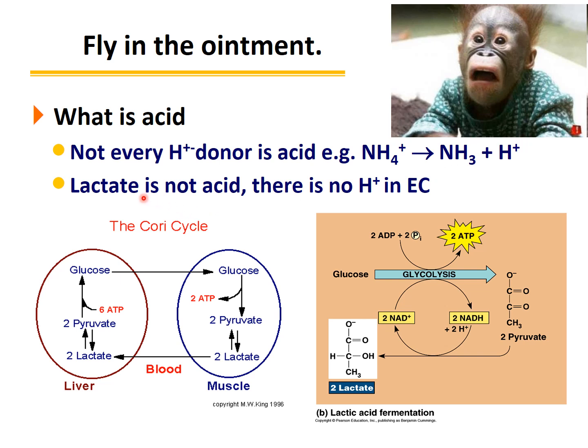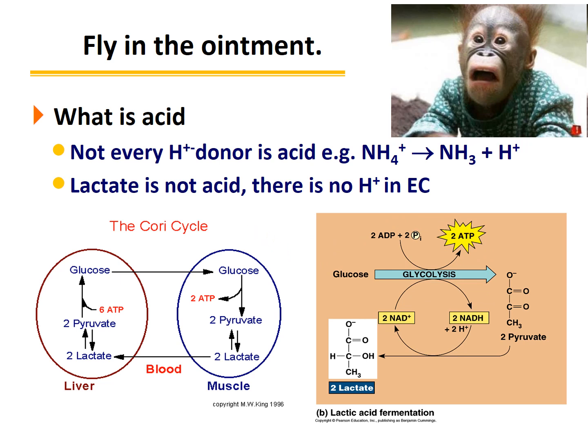Lactate is not an acid, and no proton comes out from the intracellular space to the extracellular space. The lactate is released out, however the proton stays intracellularly and is used up for ATP synthesis. So we do not have a proton that's coming out.